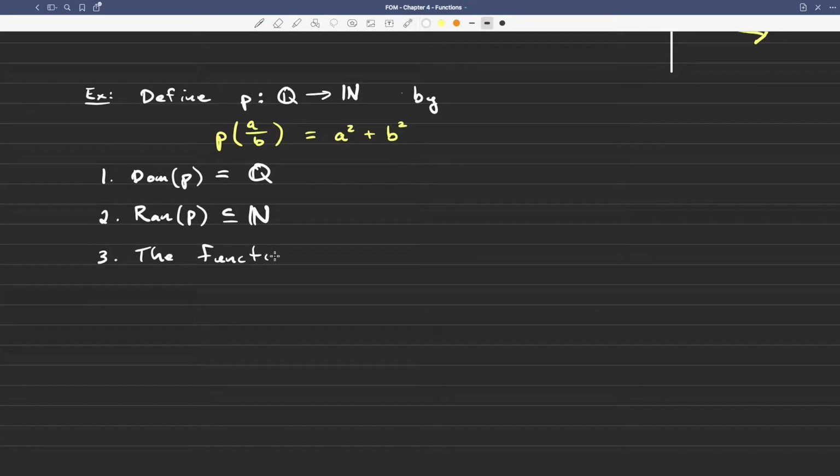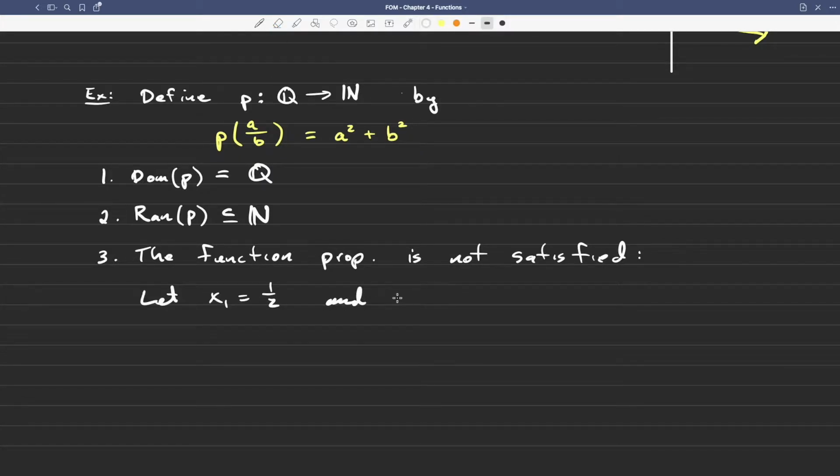The function property is not satisfied, and here's why. Let's let x1 be 1/2, and let's let x2 be 2/4. Observe that x1 equals x2, so basically we've got two different representations of the same number, but the way the function works, it depends on the representation of the number.